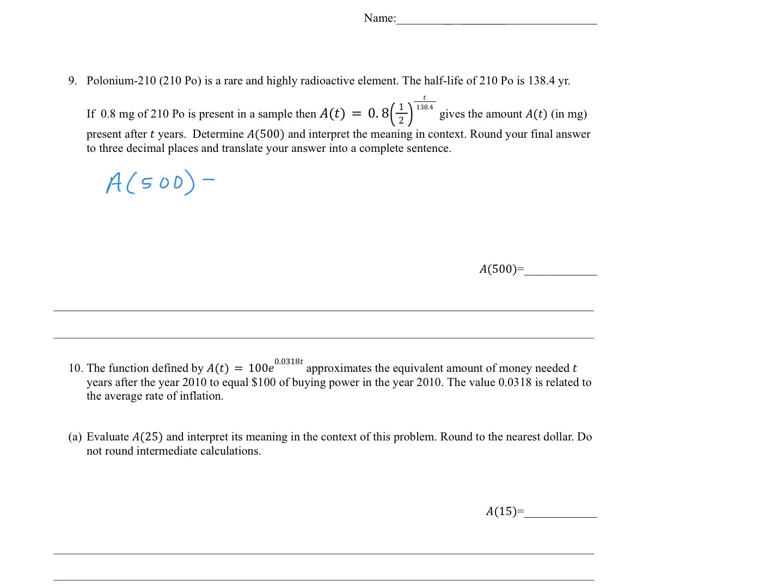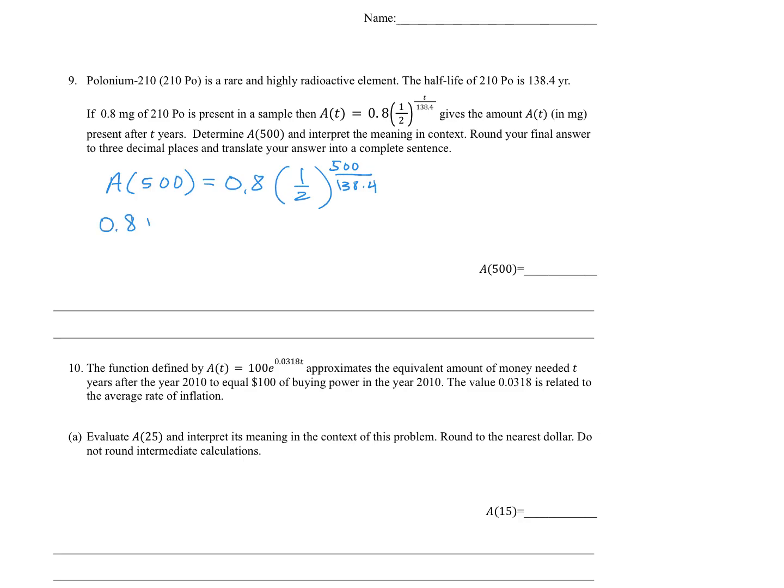It's a good idea to write this out first physically on your paper. So that's 0.8 times (1/2) raised to the 500 divided by 138.4. And again, that is your exponent. So when you're doing computations on a scientific calculator, you want to make it as easy as possible.